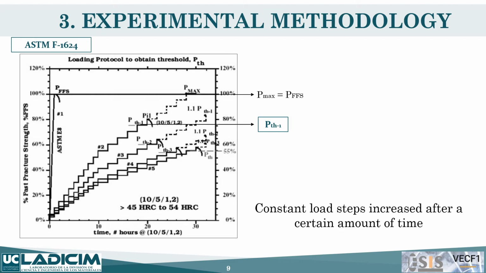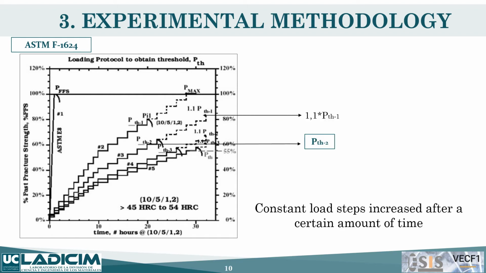PCH1. This value is incremented by 10%, and that is divided into 20 steps, and we perform the second profile until the specimen breaks, and we obtain the threshold load from the second step profile.